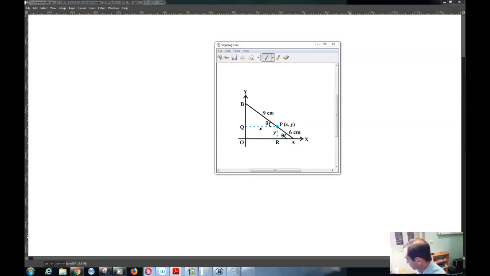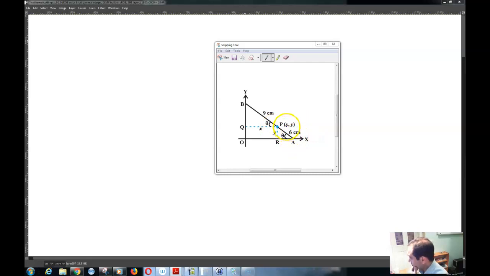The problem we have here is a rod AB. This rod AB rests in between two coordinate axes in such a way that A lies on the x-axis and endpoint B lies on the y-axis, and a point P(x, y) is taken on the rod in such a way that AP is equal to 6 centimeters.